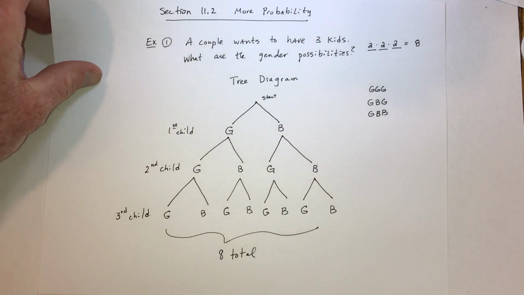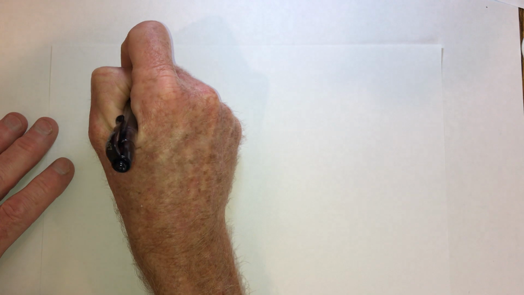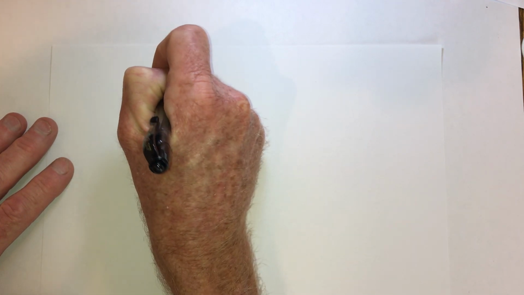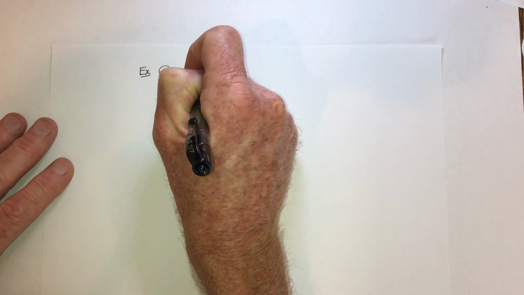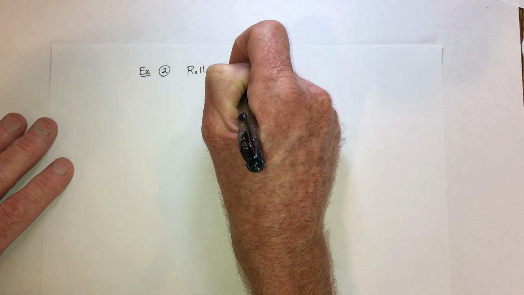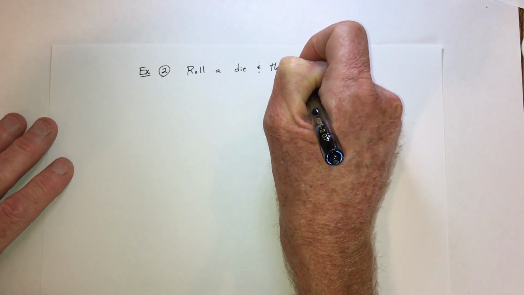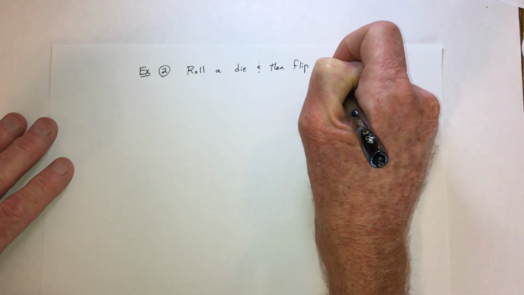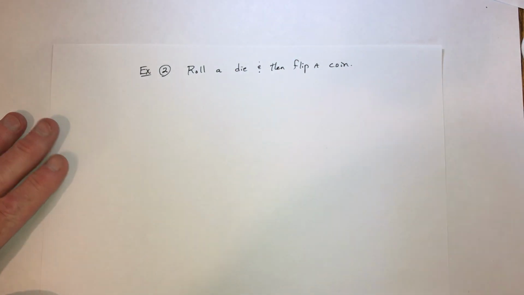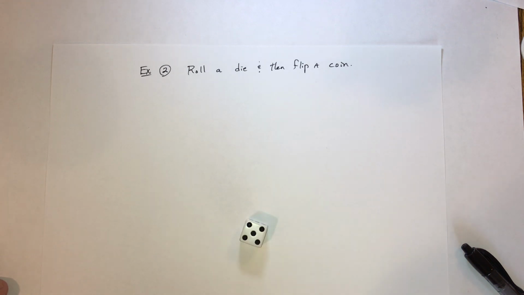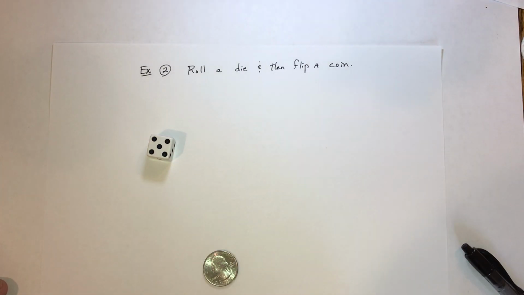Now, what if it was a slightly different situation? So for example number 2, now the situation is roll a die. Yes, I got a 5. And flip a coin.